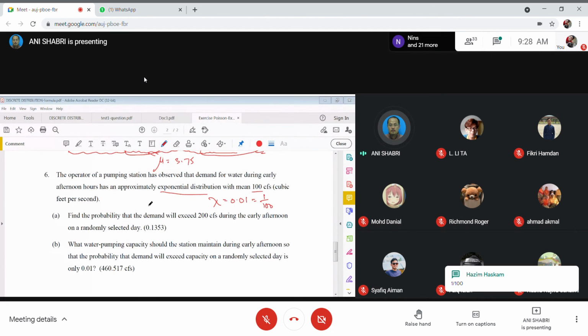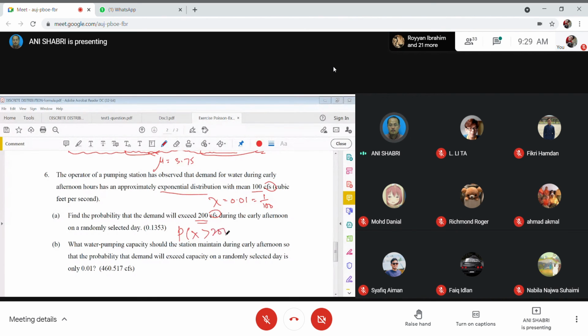Okay, number A. Find the probability that the demand will exceed 200. You see the unit is the same, CFS, and it is using exponential. Okay, P of X exceeding 200. When it is greater, it is equal to e to the minus lambda x.